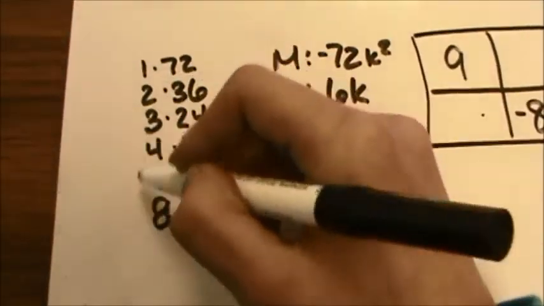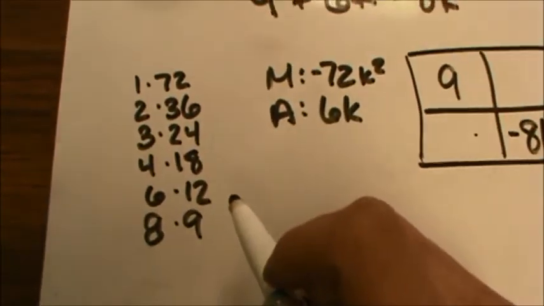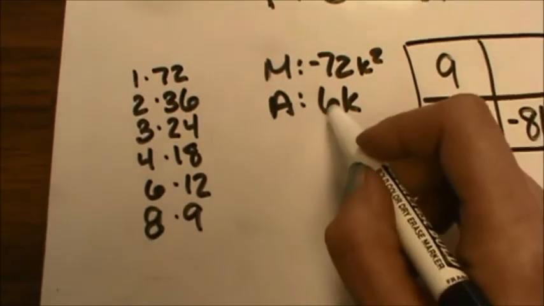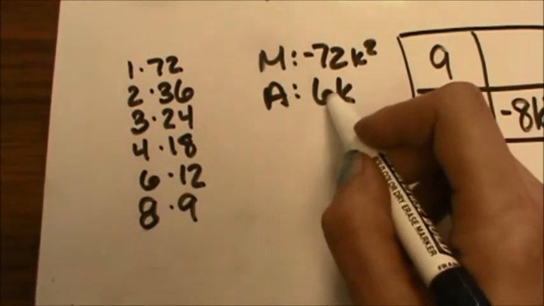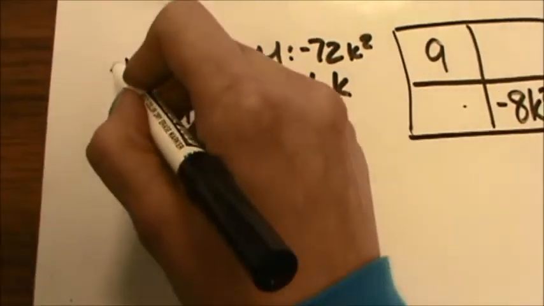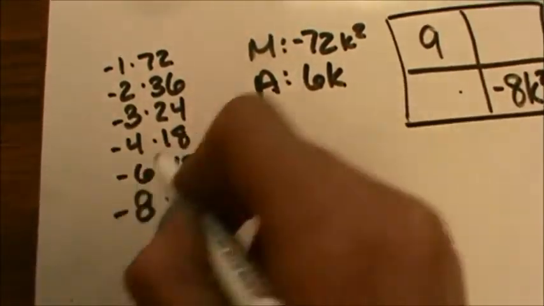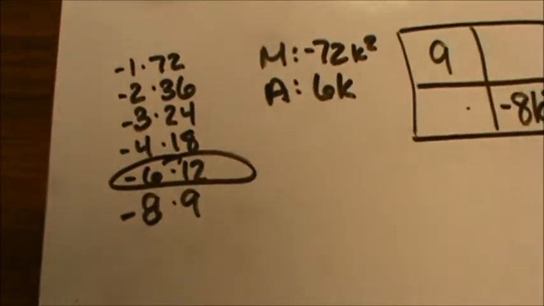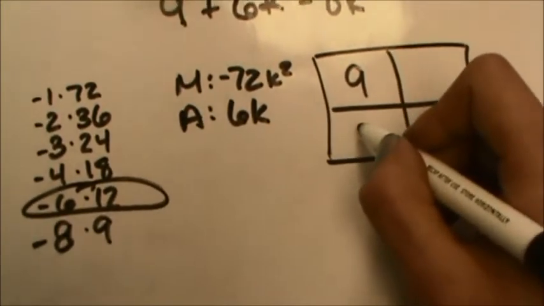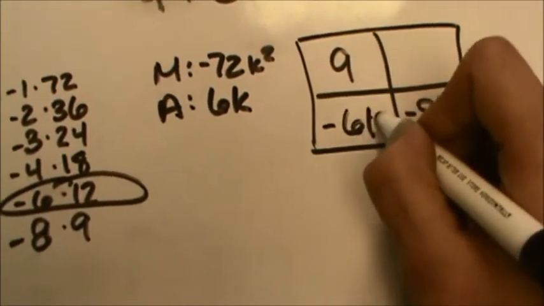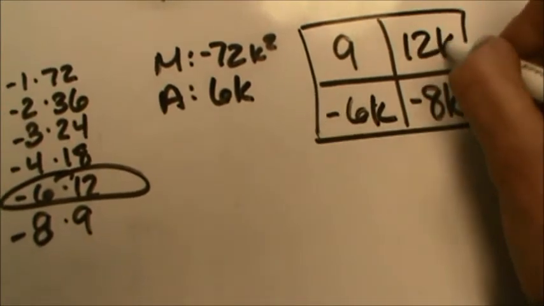Now I know one of these has to be negative because I'm getting a negative 72 here. So I'm going to consider the smaller one being negative because this adds to be a positive 6. Negative, negative, negative, negative, negative. Right here are the 2 that I'm looking for. So inside my factor box I'm going to put a negative 6k and a 12k.